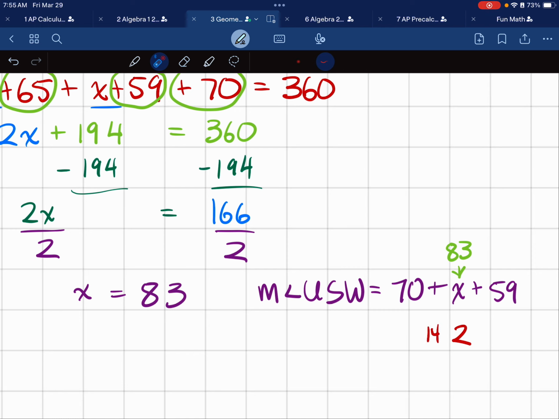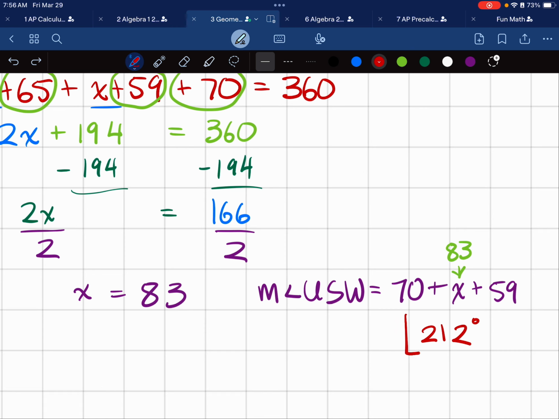But I haven't added this 7 yet, so 7 plus 14 is 21. So my final answer is 212. 21 with a 2 degrees for my final answer.